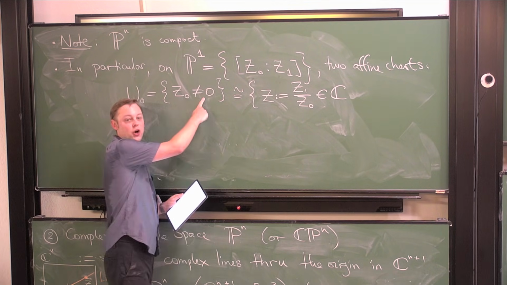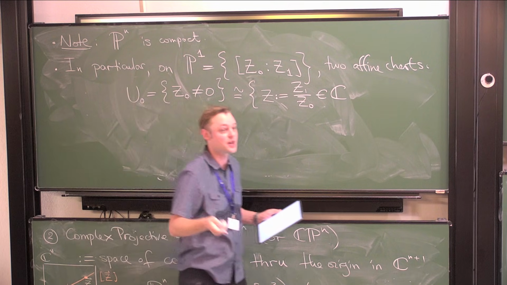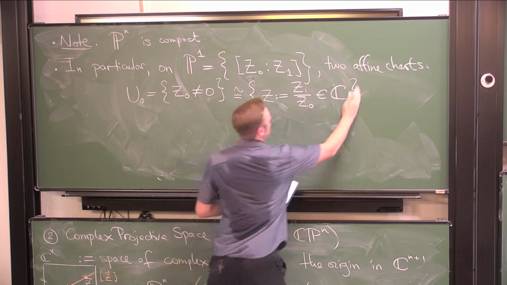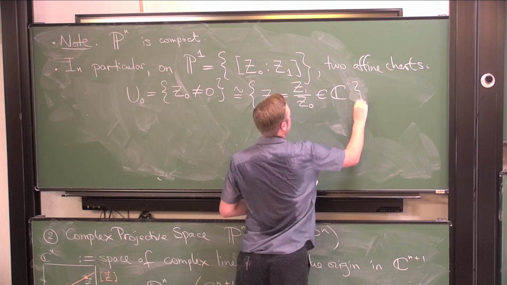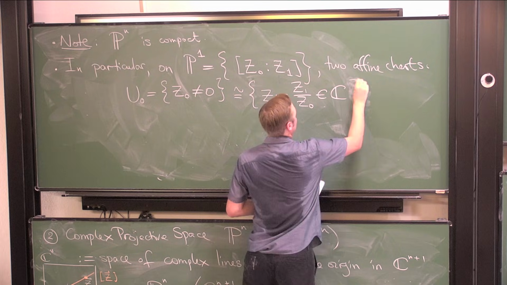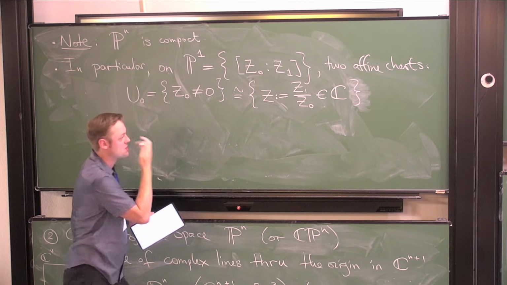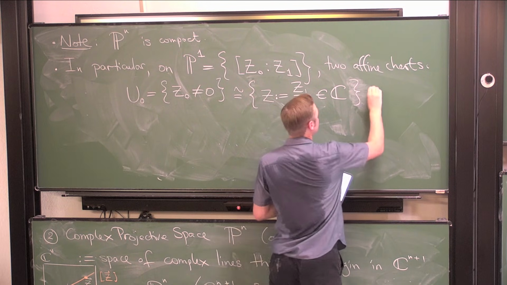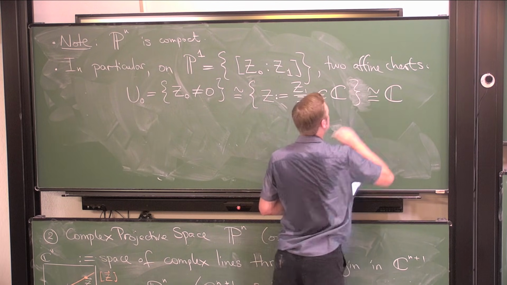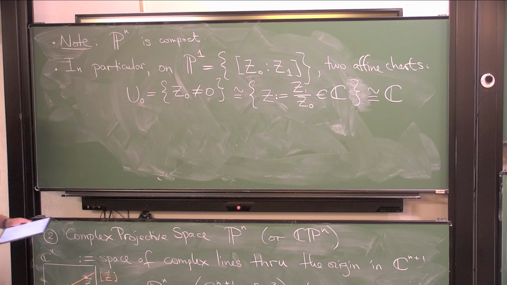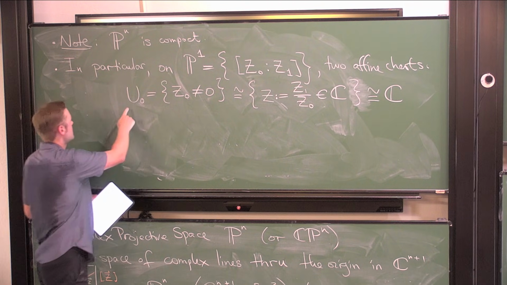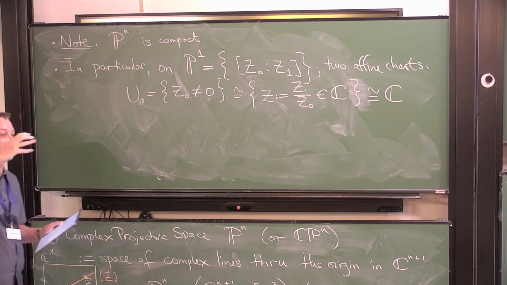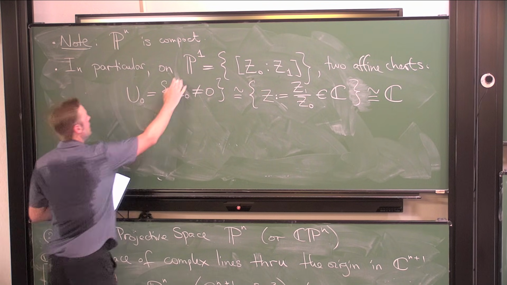I'm restricting Z0 to be non-zero, but Z1 is free to be zero. This is really just my complex chart which equates this set with C. So this affine chart U0 is just a copy of C covering some part of P1.